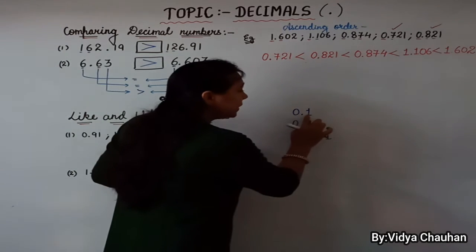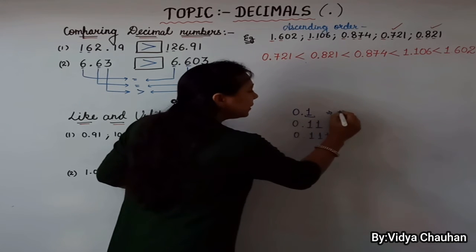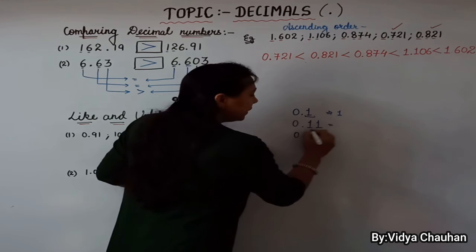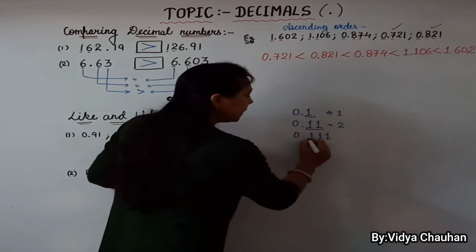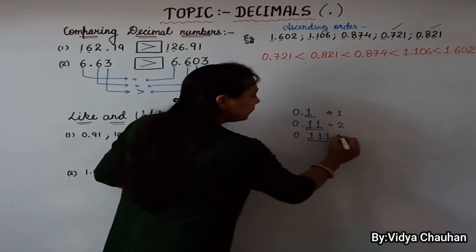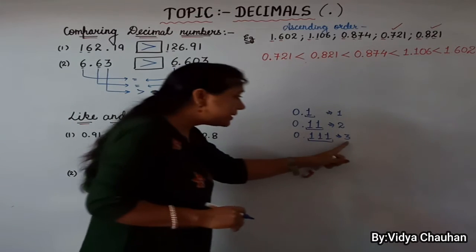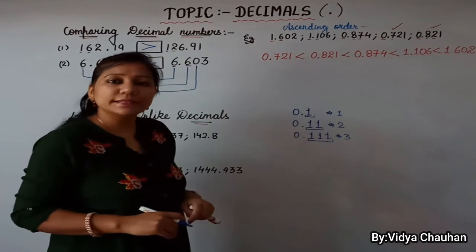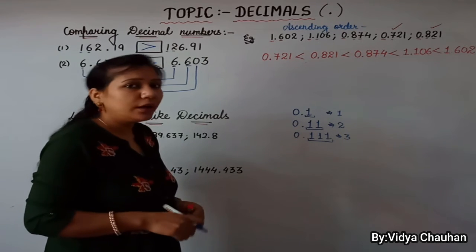Here you can see that after the decimal we have only one decimal place value in the first number, 2 decimal place values in the second, and 3 decimal place values in the next. So this decimal place value is going to decide whether the decimals are like or unlike.